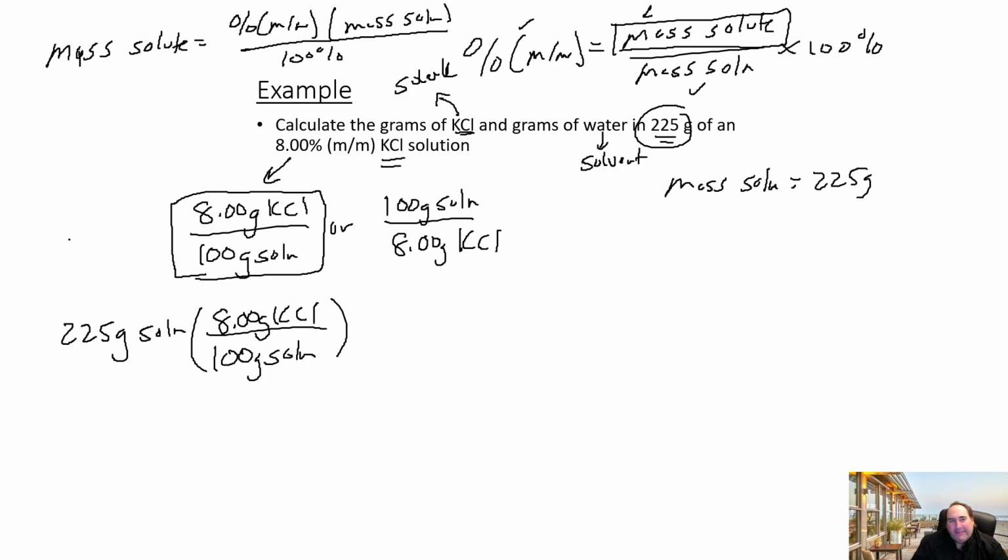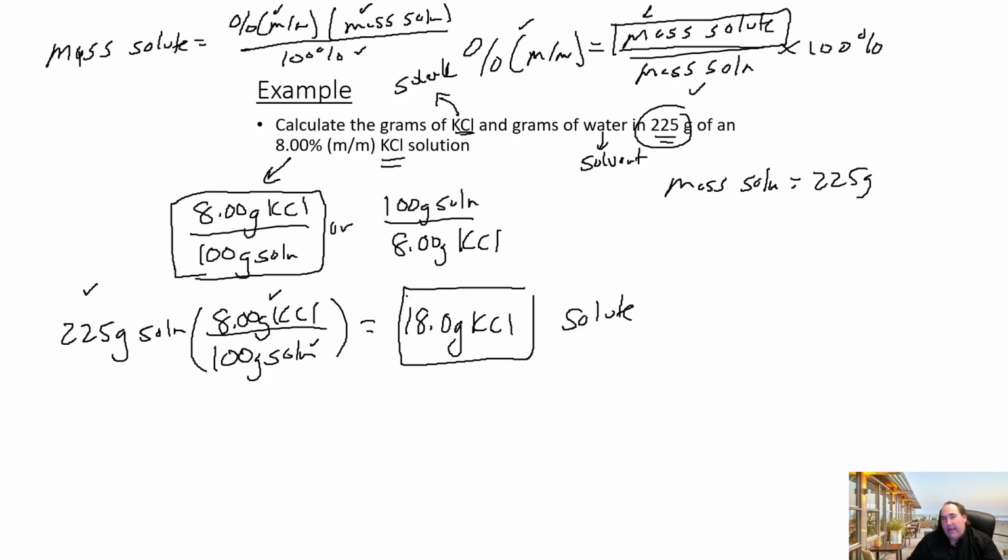So that is the mass of the solution, that is our 8 grams, which is basically our percent, and on the bottom is our 100%. So it's basically the same math there. If we do this, we will get 225 times 8 divided by 100. Going to go with 18 grams of KCl. That is the amount of solute that we would have.